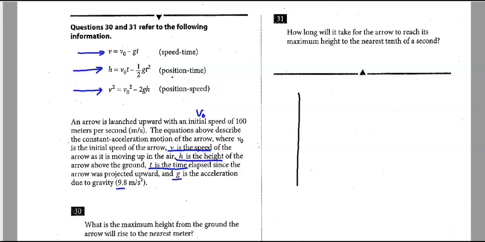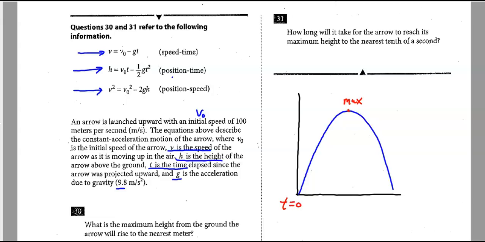In general, I've done a lot of these problems on the SAT. In general, there's a couple things you need to understand. When you launch something, or project something up into the air, it follows a parabola. It follows a quadratic. The maximum height occurs at the top of that parabola. Now, usually your time starts at 0, and let's just say that the thing is in the air for 6 seconds.